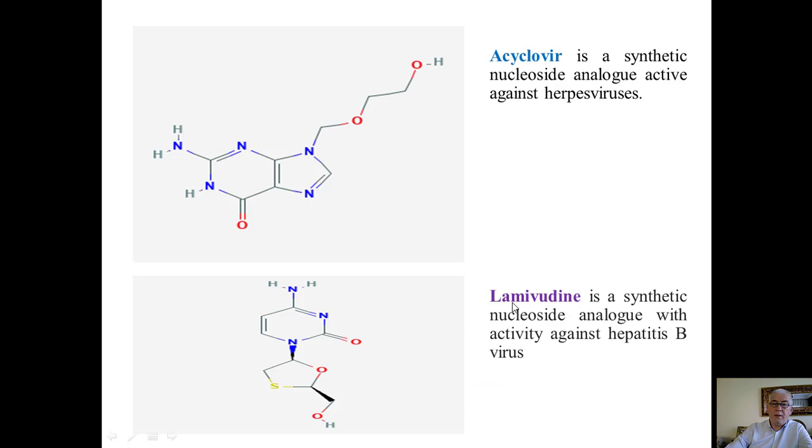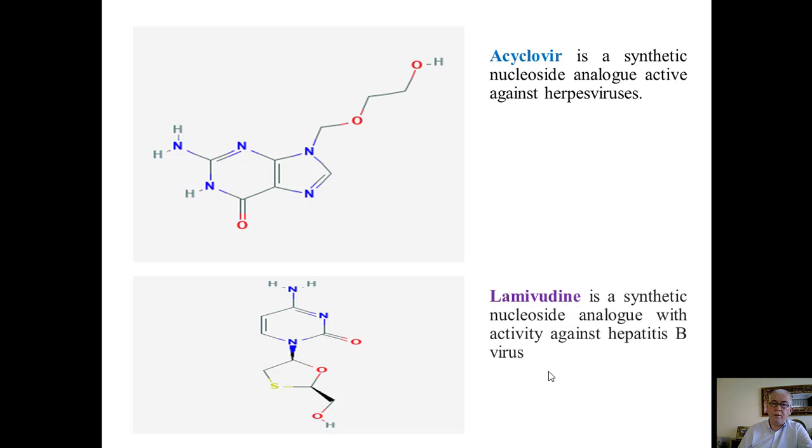And acyclovir and lamivudine are chemicals, and we can use these purine and pyrimidine analogs for treatment of viral infections.